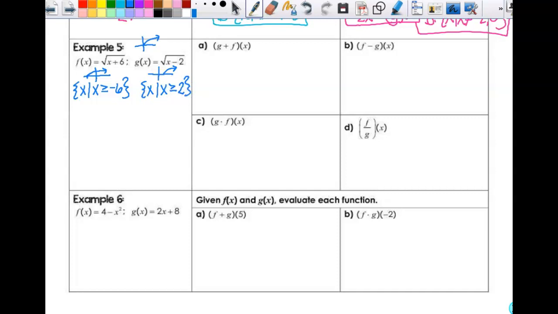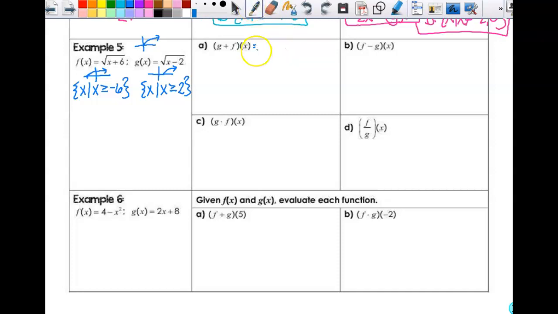So then we have to figure out where these domains intersect for our domain over here. So think about that, and we'll get to that as soon as we work a couple of these. So g plus f of x. Sorry, it says g of x plus f of x. See, I didn't read that carefully either.